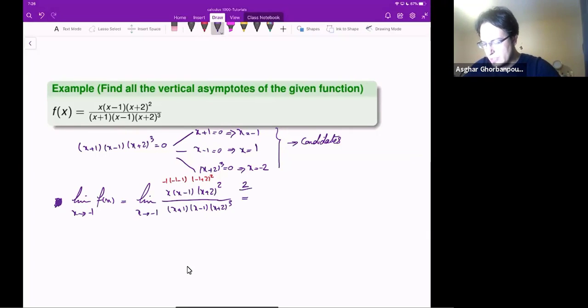In the denominator, you will see 0. Well, it could be either plus or minus infinity, but for us, what matters is that this is an infinite limit.